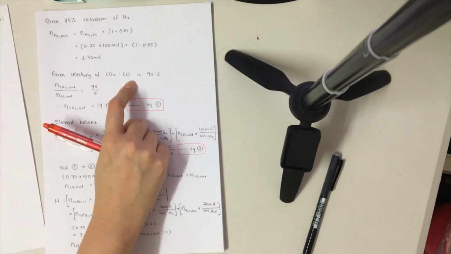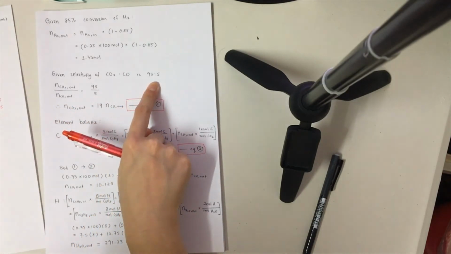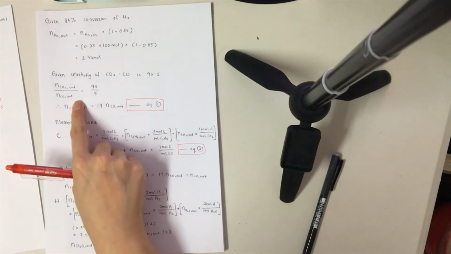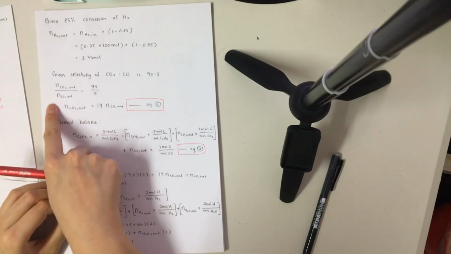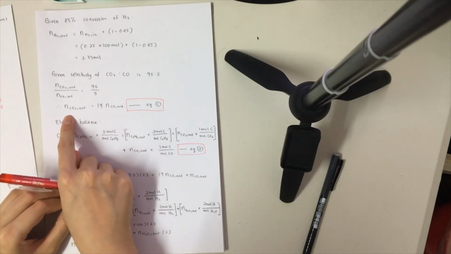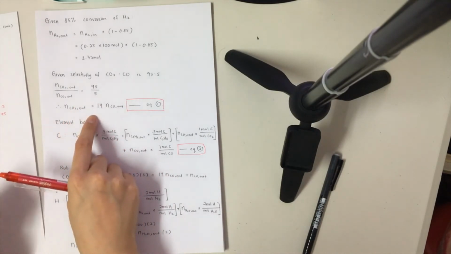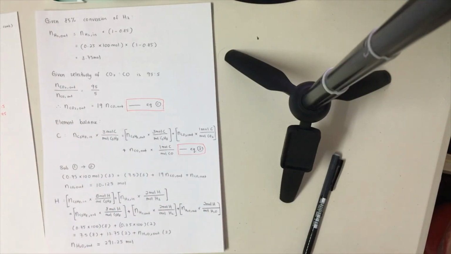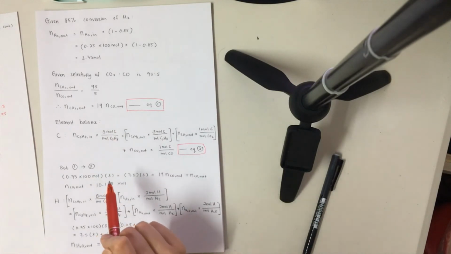CO2 to CO is 95 to 5 in ratio. Write it down in such a form, the ratio form, and we will find that the number of CO2 that comes out is actually 19 parts of the number of CO that comes out.